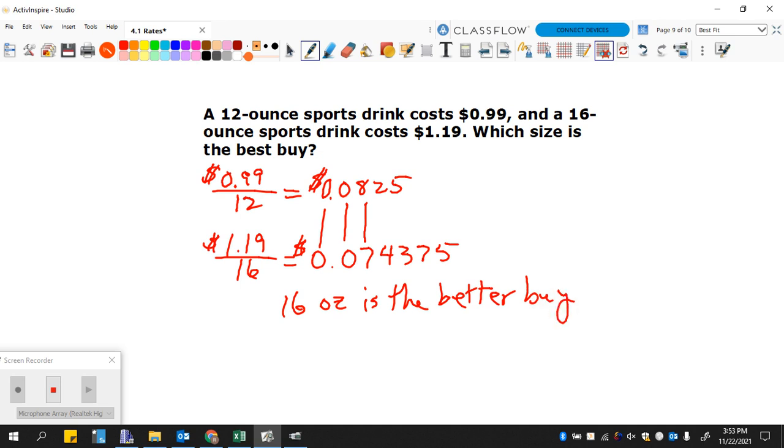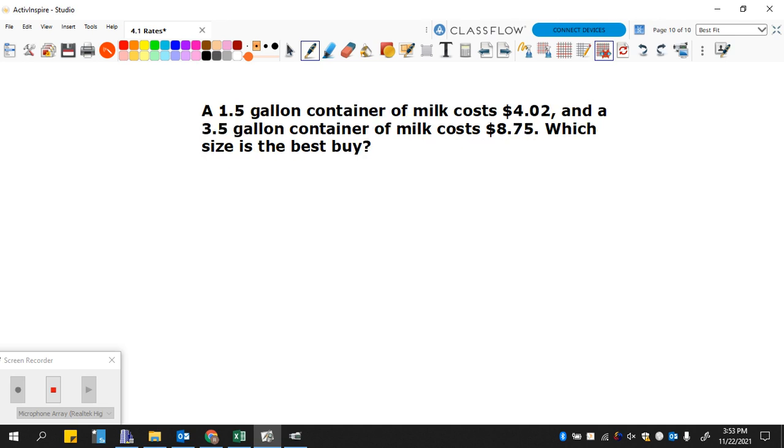All right, last example. You have a 1.5 gallon container of milk that costs $4.02. So $4.02 divided by 1.5 gallons. Or you could buy a big container that costs $8.75 for 3.5 gallons.